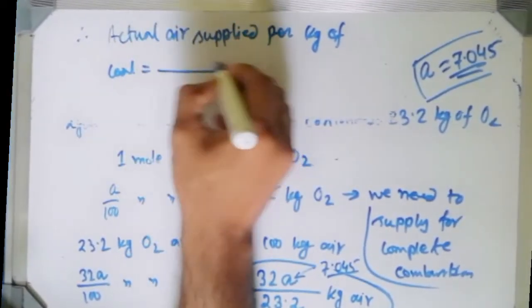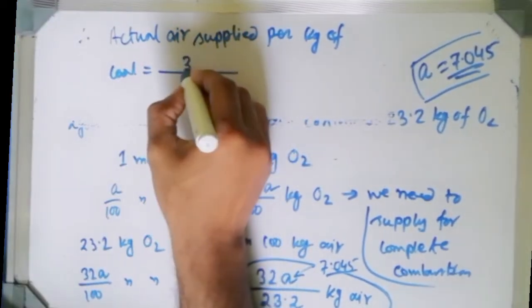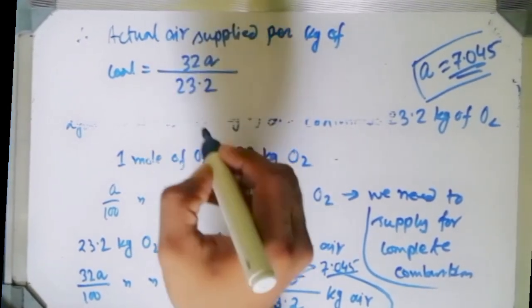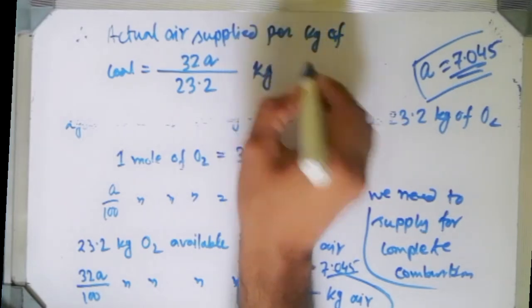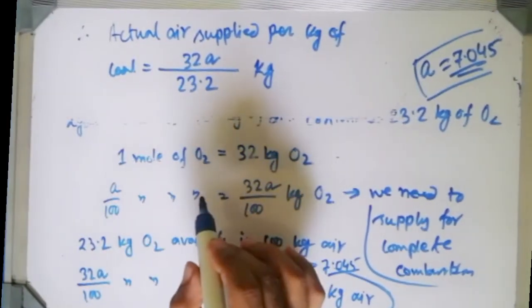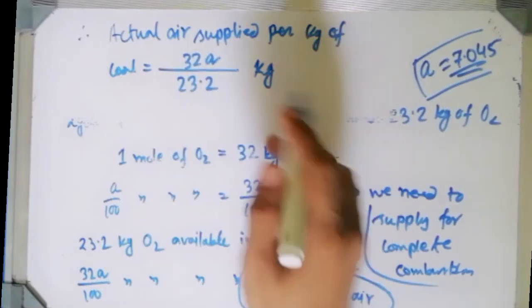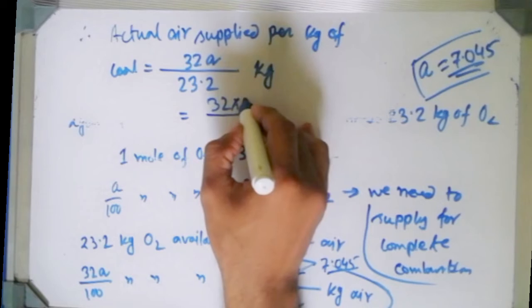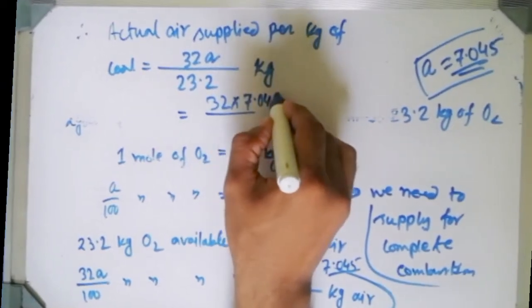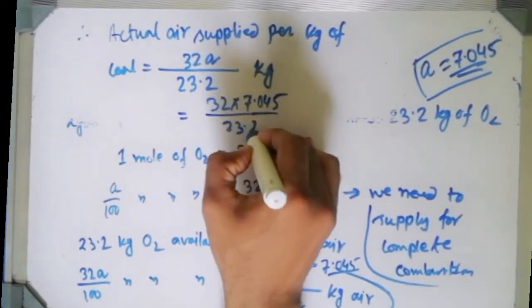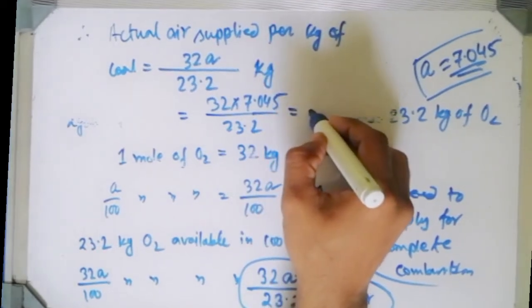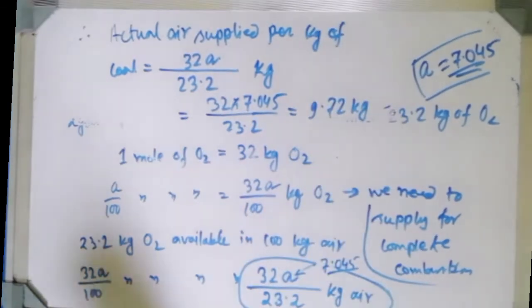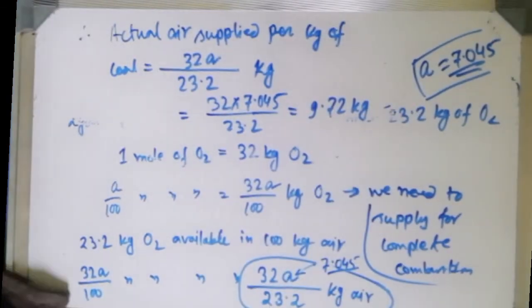It is a general expression, and for that example problem whatever we took, to solve, put the 7.045 over there and 23.2 there, you can get some value. After solving you can see that 9.72 kg will come. So that is the actual amount of air we need to supply to complete the combustion.